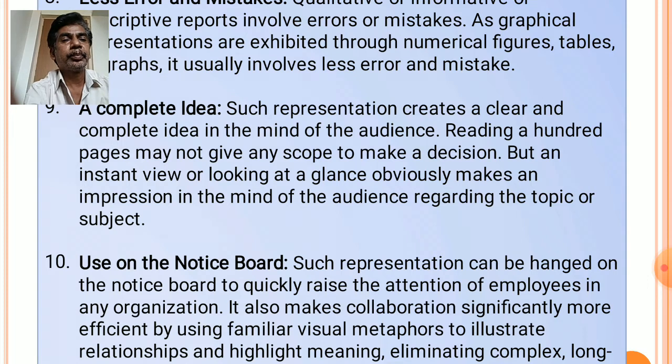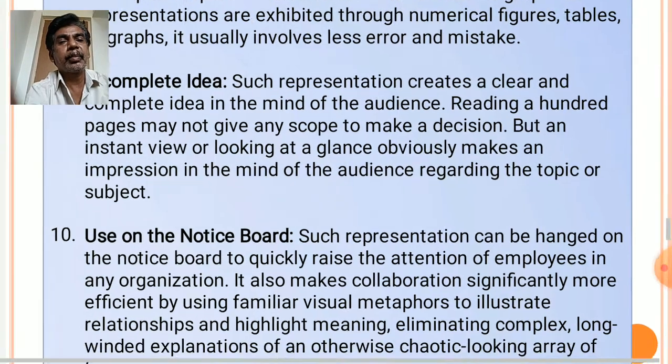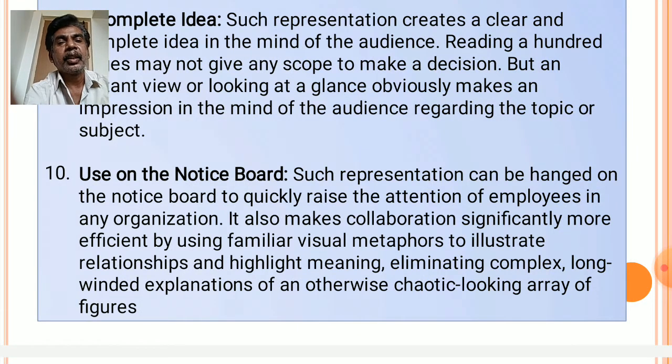So reading 100 pages may not give any scope to make a decision, but an instant view, looking at a glance, obviously makes an impression in the mind of the audience. Use on the notice board. This is another importance of the statistical method, graphic representation.